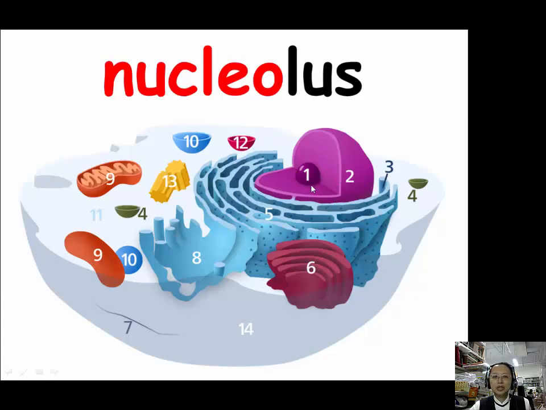It is usually more deeply stained than the rest of the nucleus because the nucleolus contains a lot of RNA. It is where the ribosomal RNA and also other RNA are synthesized.